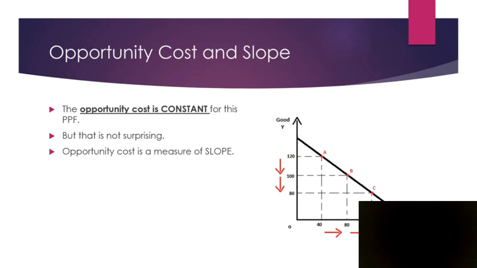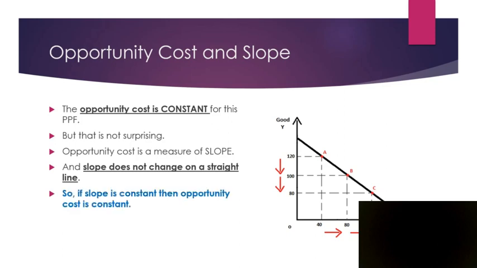So opportunity cost is a measure of slope, and the slope doesn't change along a straight line, right? The steepness is constant. It never changes on that straight line. So if the slope is constant, then opportunity cost must also be constant. So we want to think about how this example compares to the bowed out example in the bowed out PPF. It wasn't a straight line, so the slope changed, but it doesn't change here in this example.